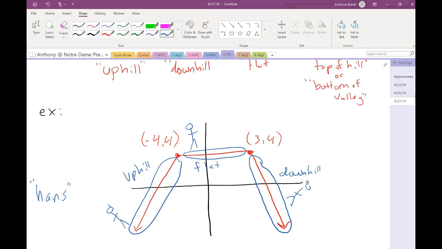Okay. So this section that is uphill, this is increasing. The section here that's flat, that's the constant section. And this part that's downhill is our decreasing section.